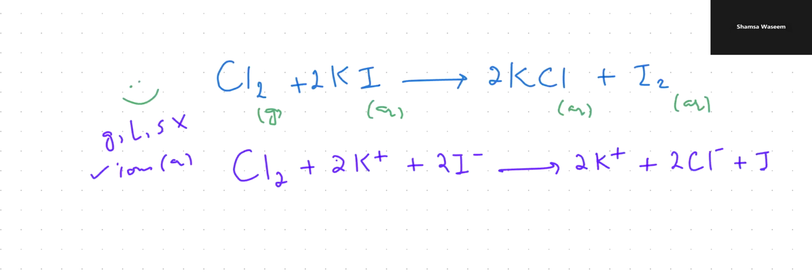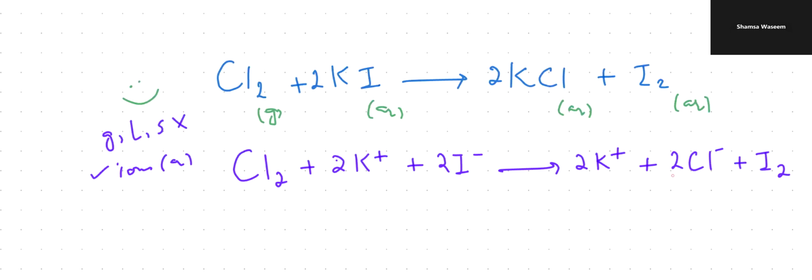Next is to look for the spectator ions. Can we consider chloride? No, chlorine over here is in molecular state, with oxidation number 0. We will have another class about redox reactions and oxidation numbers, but here you can say they are different, the charges are not the same.